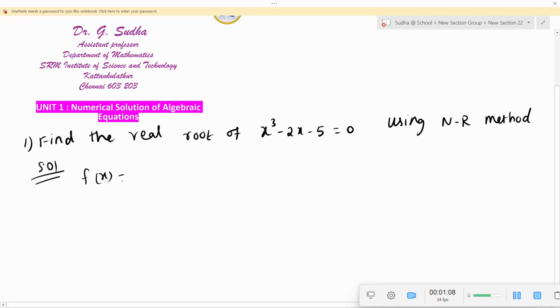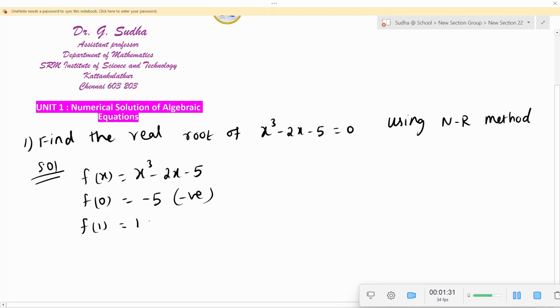So the given f of x is x cube minus 2x minus 5, and we have to substitute x equal to 0. Then we'll get minus 5, which is negative. Next, we substitute x equal to 1.